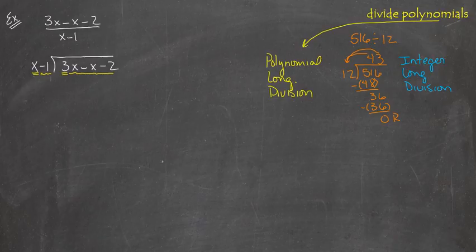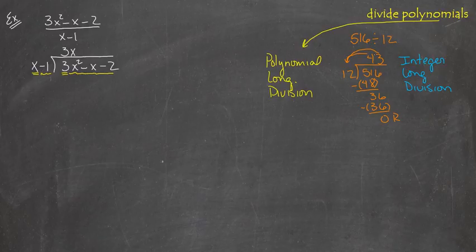So what would I have to multiply x by to get 3x? I'm sorry, I miswrote this. This is a square. What would I have to multiply x by to get 3x squared? Well, x times 3x would give you 3x squared.